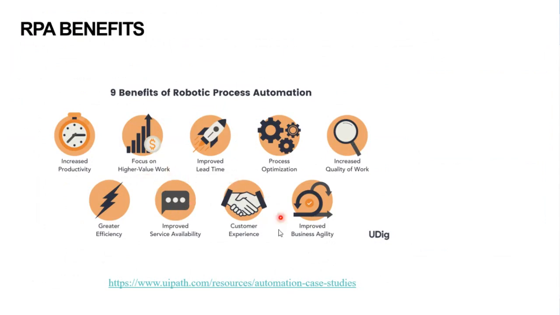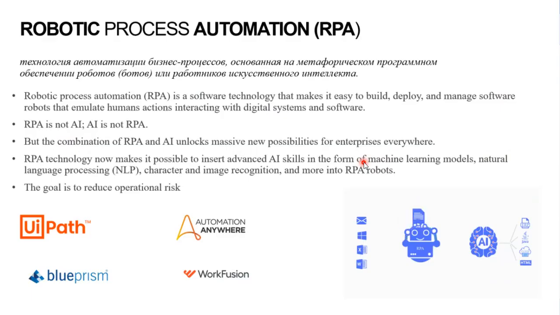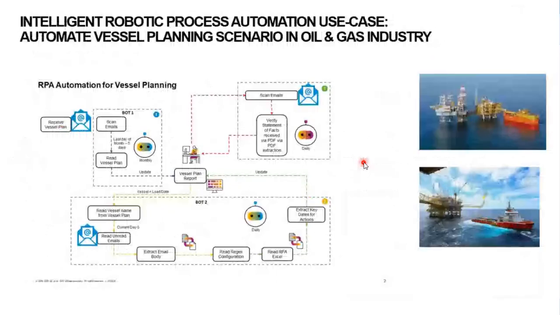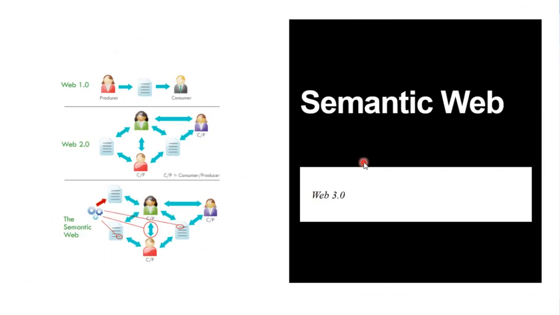Also increased customer experience, improved efficiency, higher process automation. You're able to automate some processes, and then you're able to increase the quality of the work that is done. Right. So that is RPA, robotic process automation, a very important component in managing or automating components of business.